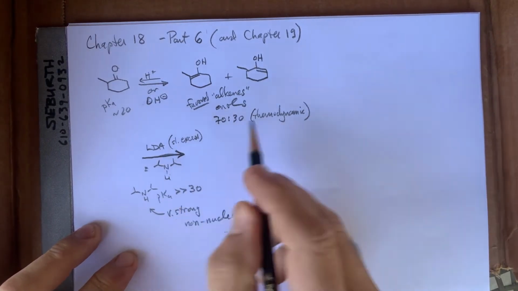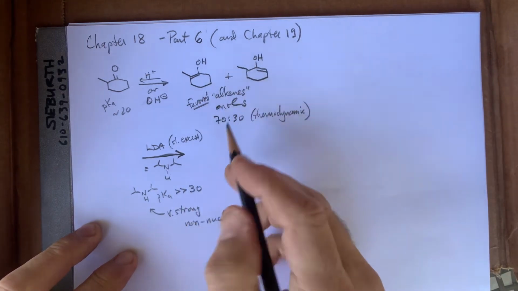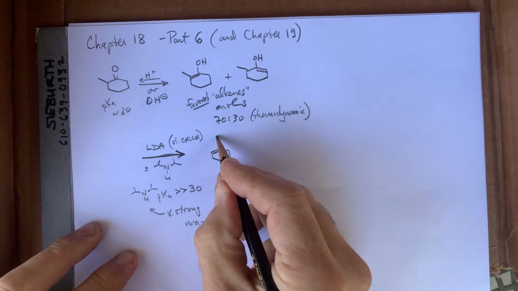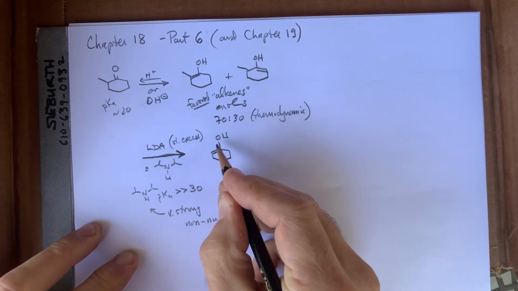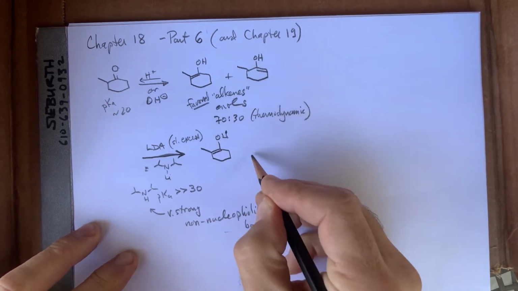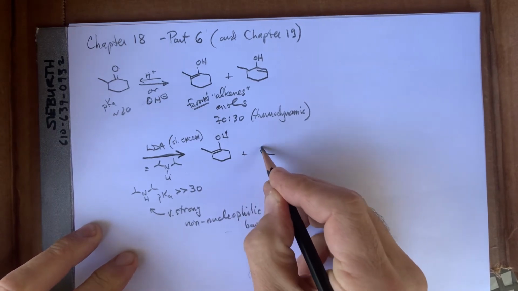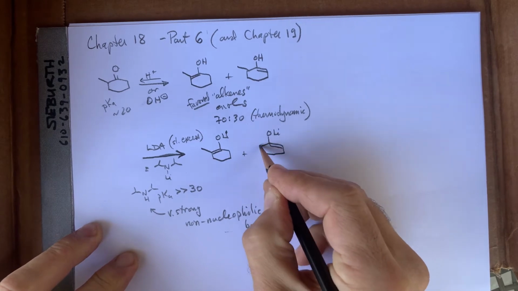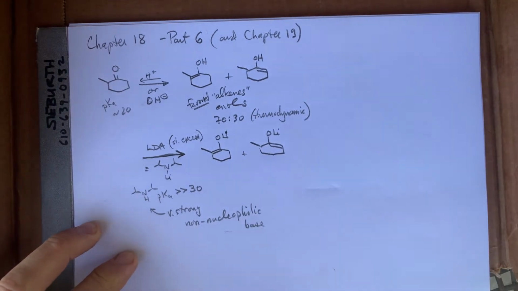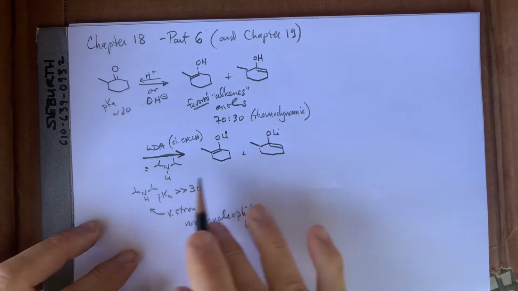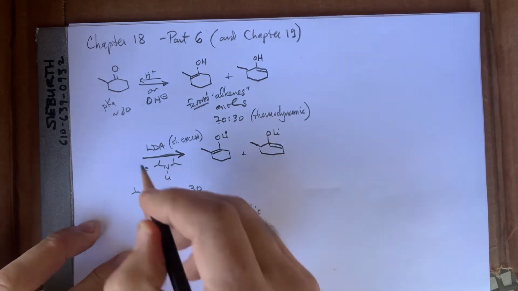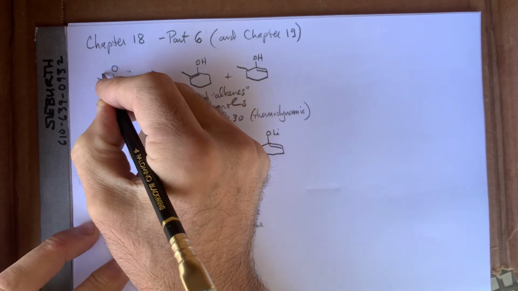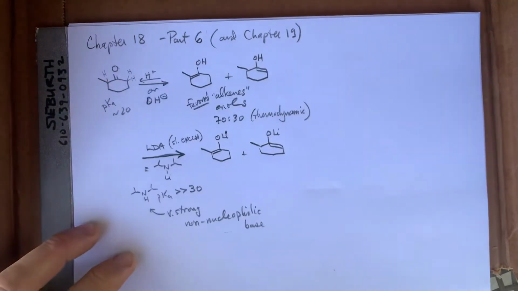And so, as I said before, you can get these two enolates, right? Because I'll put the lithium in here. And one of these, of course, if you look at this, you have two protons over here, and you've got this one proton that's very hindered.